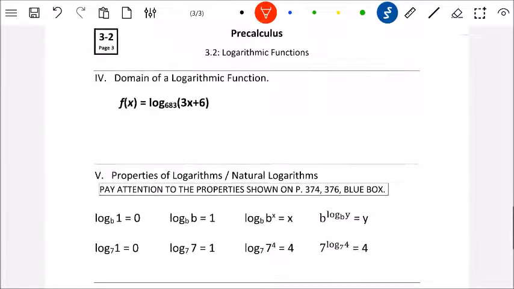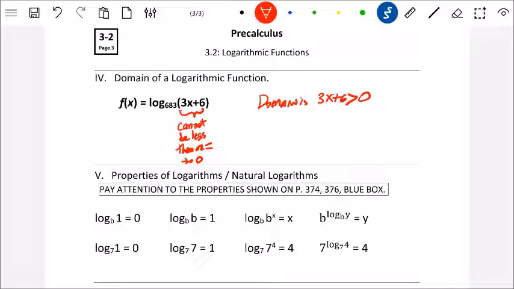So when we come down here, that means that this thing, whatever it is, cannot be less than or equal to 0. So you do that: the domain is 3x plus 6 must be greater than 0. Not equal to, but must be greater than. So subtract 6, 3x is greater than negative 6. Divide by 3, x is greater than negative 2. So all the numbers on the number line larger than negative 2 will work.